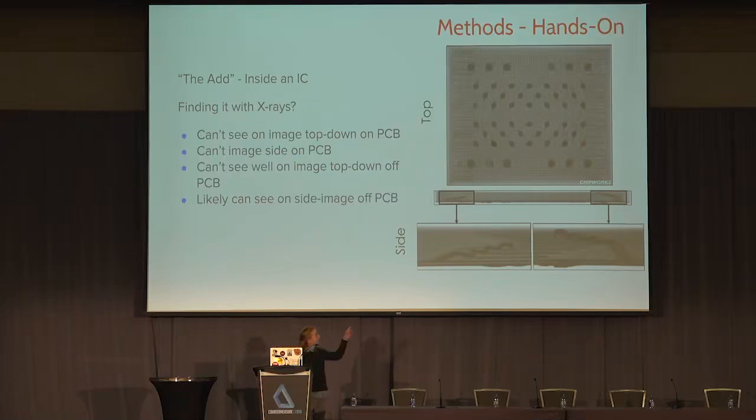So as you see here, the top part, that looks pretty normal. It matches the picture we saw a few slides ago. However, if you look at it from the side, there's different layers to this integrated circuit, and each layer has the potential to be slightly different or to have slightly different functionality based on how it's connected. And so that actually means you have to start delayering this integrated circuit.